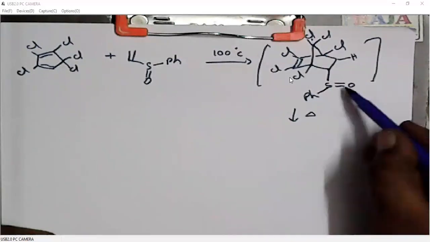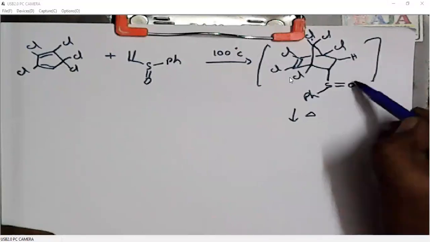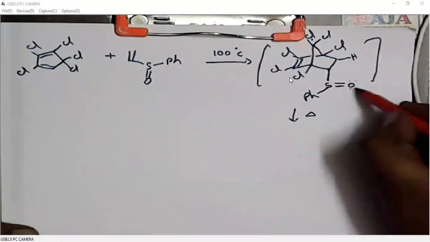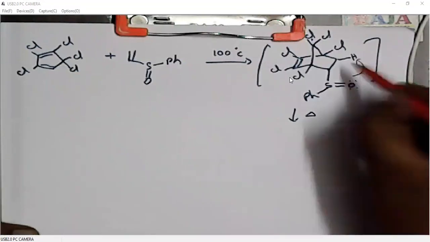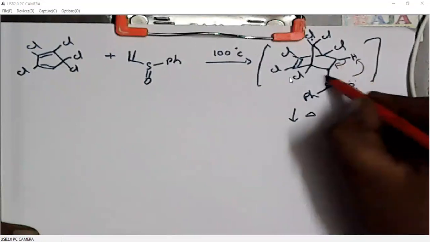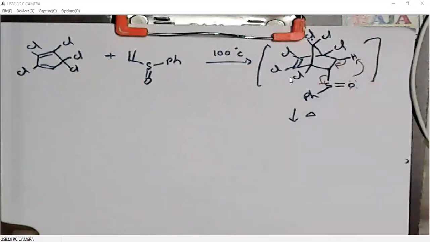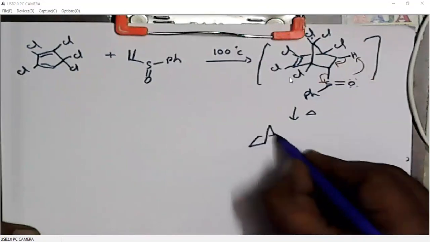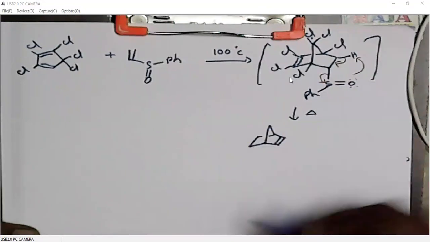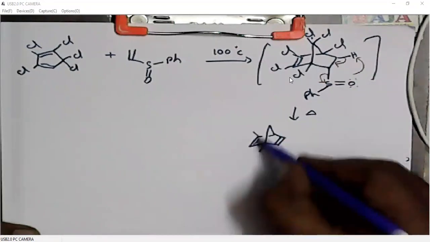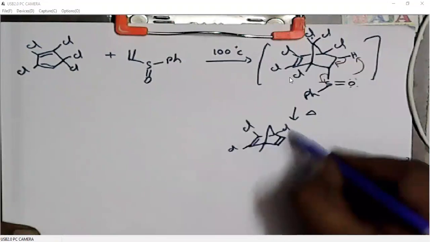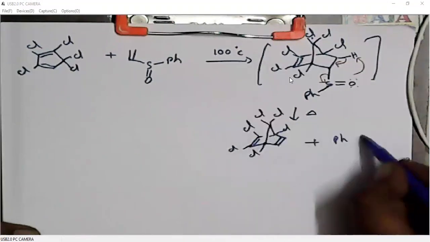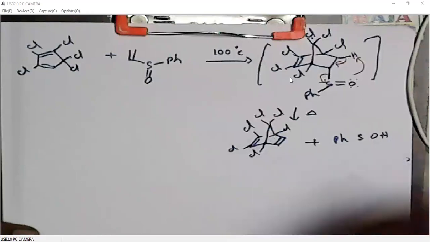This sulfoxide will take this hydrogen. So it is an ene reaction, right? This oxygen will pick up this hydrogen, so a carbon carbon double bond will form. So this is not the final product. The final product is this double bond. Of course, we have chlorines everywhere, plus PhSOH. So this is the product.